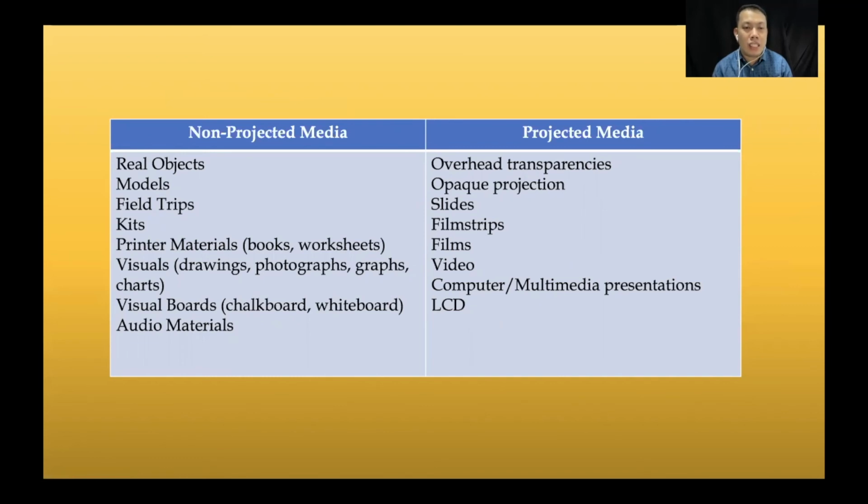So that's real objects, models, like for example, a cell model, a model of the parts of the human body, field trips, kits, printed materials like books, worksheets, visuals like drawings, photographs, charts, graphs, and as simple as visual boards like the chalkboard and the whiteboard, and any audio materials.